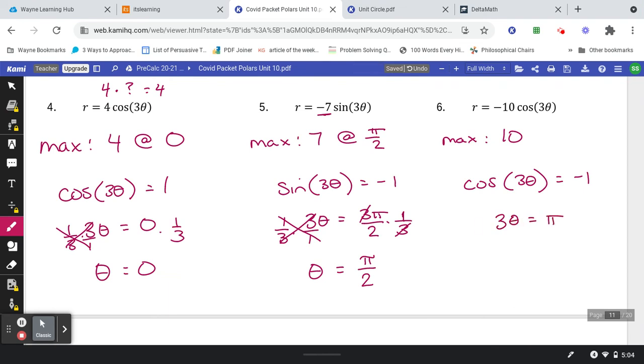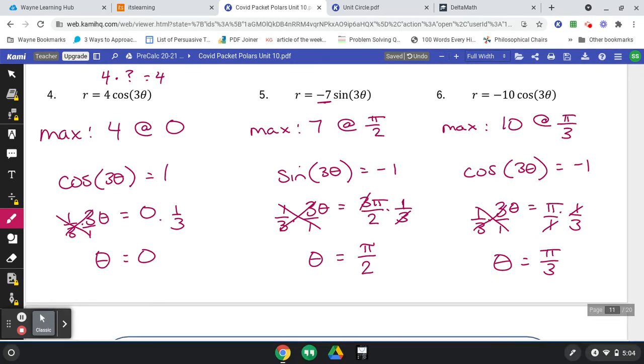And then multiply by the reciprocal, 1/3 and 1/3. The 1s can cancel or just be ignored, and we get pi over 3. All right. So let's go to Delta Math and try to graph a few of these.